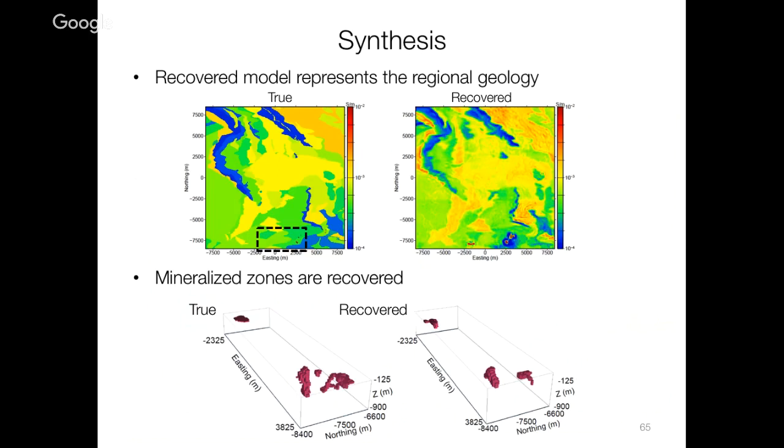In addition to that, there were a few mineralized deposits, a couple here in three-dimensional volumetric form. They look like this. Here are the true deposits as they were put in, and the recovered from the Z10 look like this.